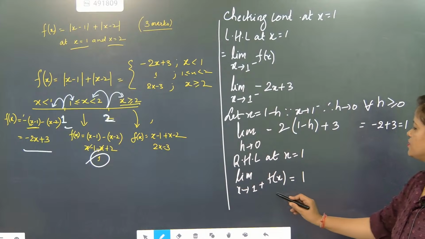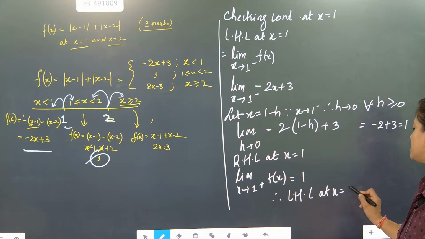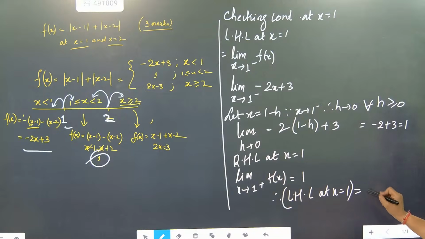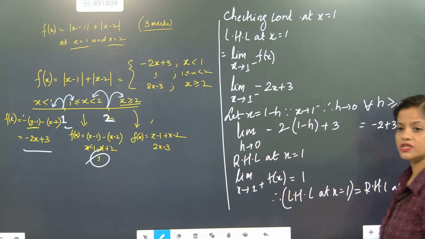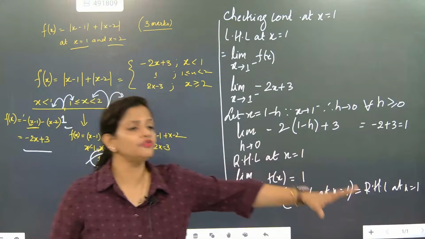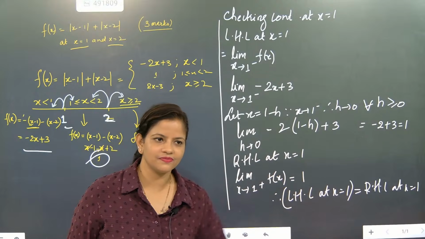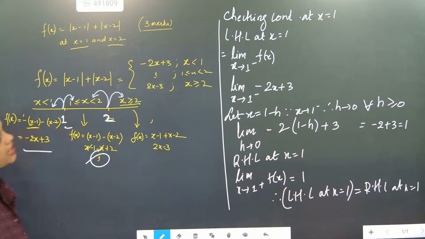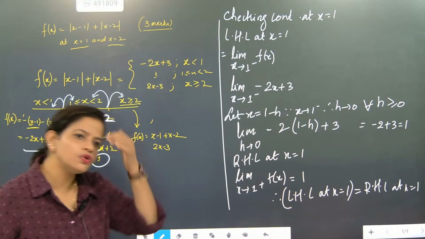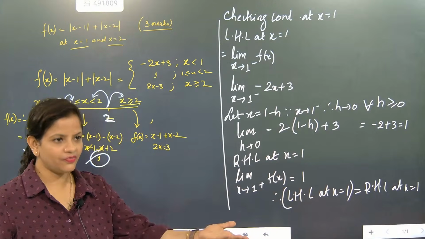Directly we will write: therefore LHL at x equal to 1 is equal to RHL at x equal to 1, so the function is continuous. And without solving, we know that continuity exists everywhere. Understood? It has to exist. The continuity exists everywhere, that we already know.